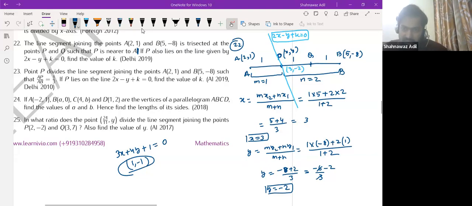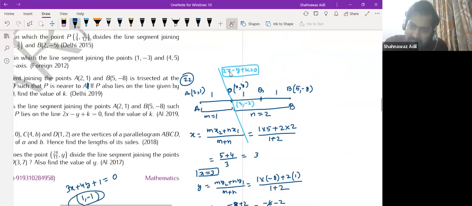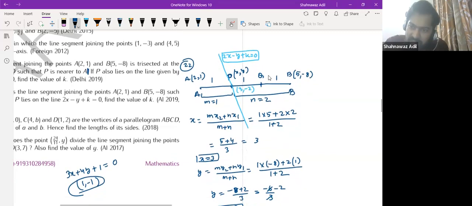Oh, Aisha has already calculated all that. Yeah, 3 comma minus 2. And Q we don't need, right? Such that we have to only find the value of k. So if this point lies on this line, then we can put the value of x and y in here. That is the purpose of this, that is what we have to do, right?